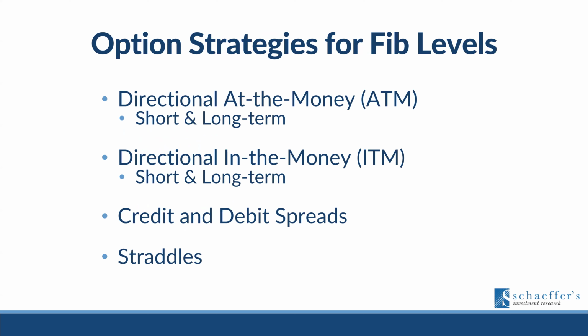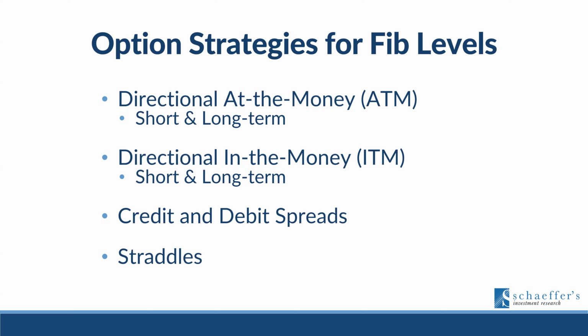All right, option strategies for fib levels. I think these are the ways you want to look at them. You could structure some iron condors if you think you're in a big range between the 0 and the 100% retracement level. That's not really my style.